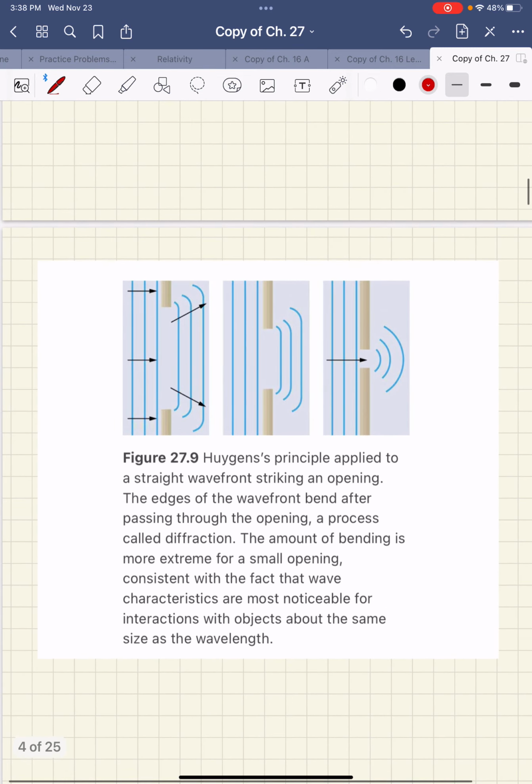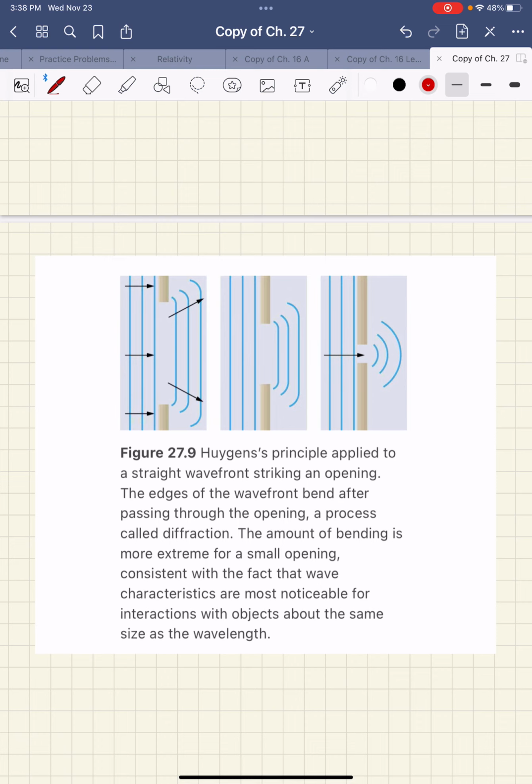One more thing: the wave that we are representing by these parallel lines, by the way, we call it a beam, and that one we call the wavefront. When that light strikes an opening, it bends about the edges.